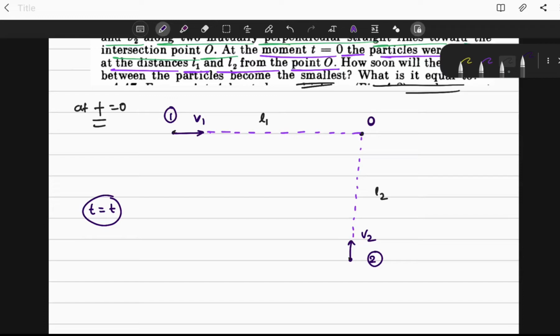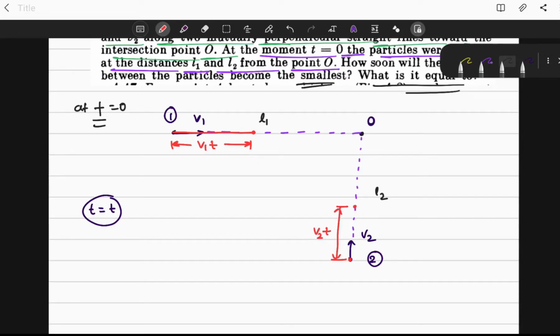Let us say that particle 1 has moved by a distance of v1 t in time t, and particle 2 will move by the distance of v2 t in time t.